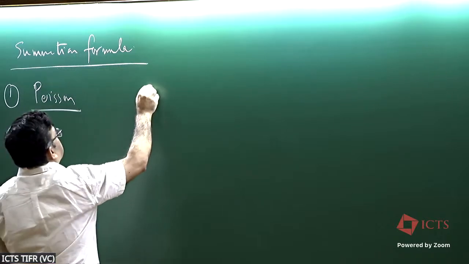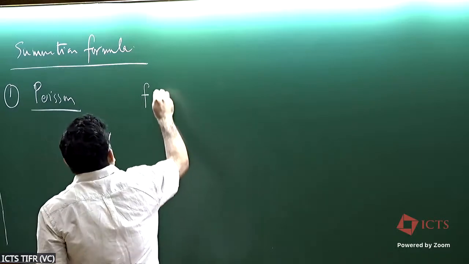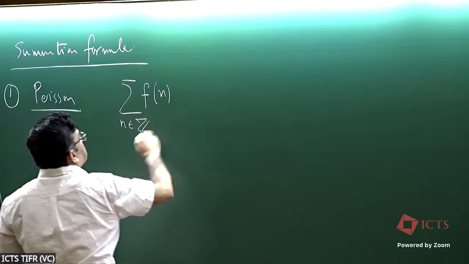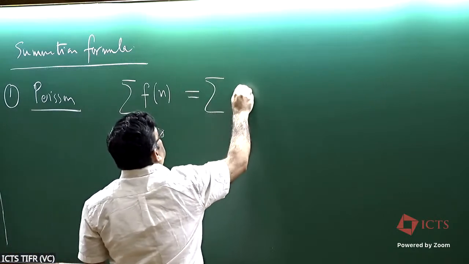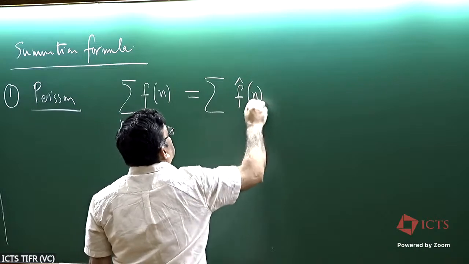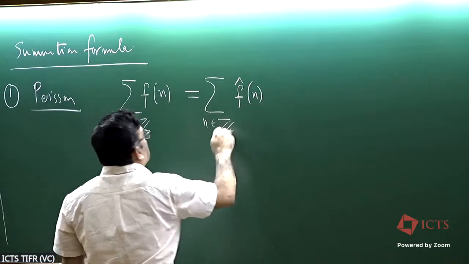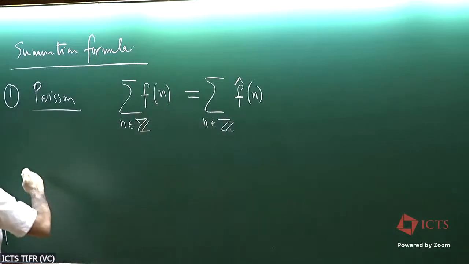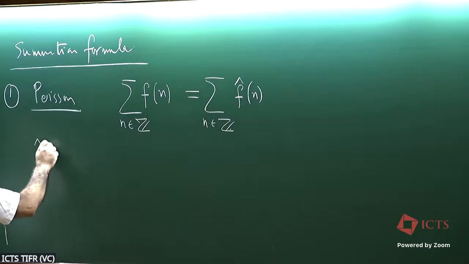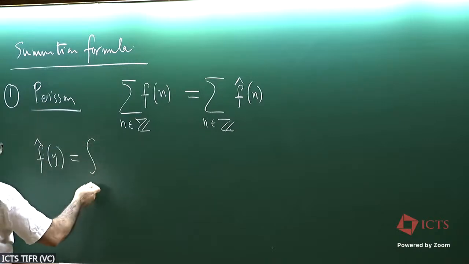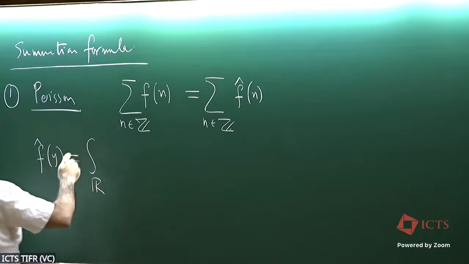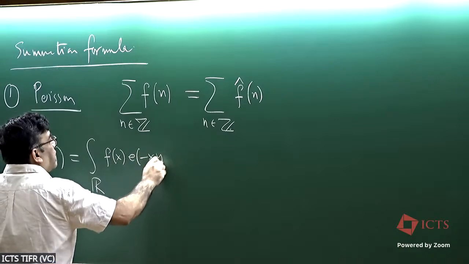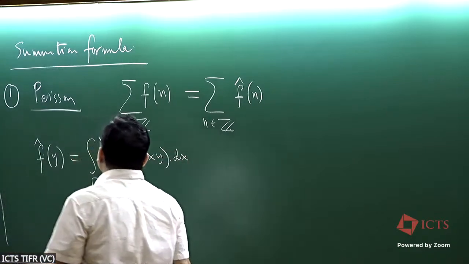So it says that if you have a reasonable function on R, then if you sum over f(n), where n is running over all integers, this sum is exactly the sum over the Fourier transform of f over all integers. That's the Poisson summation formula. So f is a reasonable function, and f hat(y) by definition, so it at least should be integrable, is the integral of f(x) e(-xy) dx. That's my definition of Fourier transform.